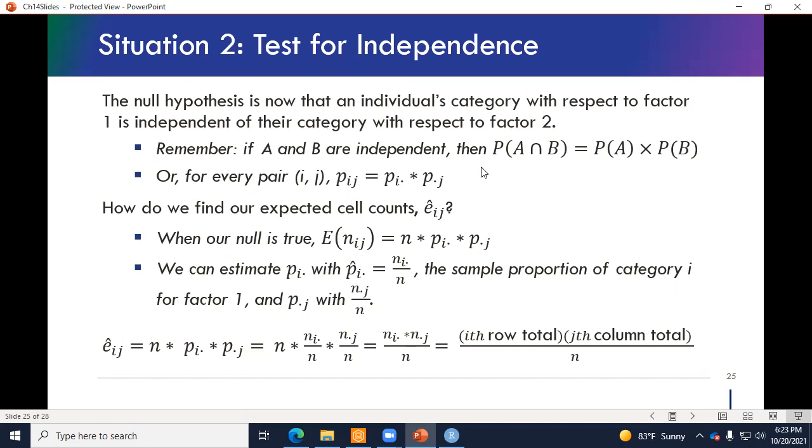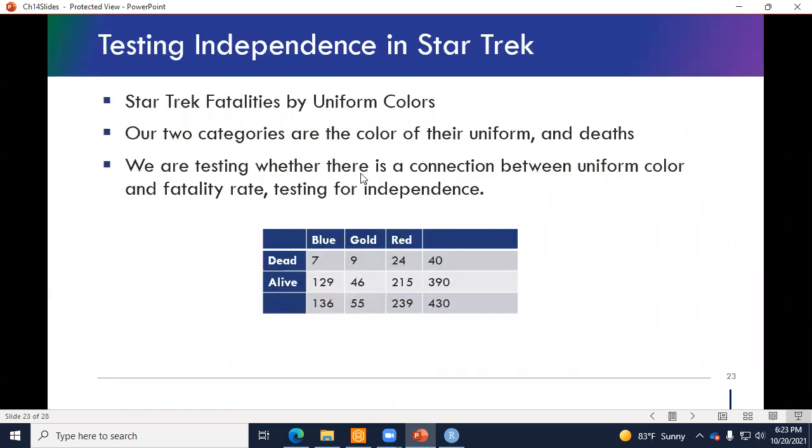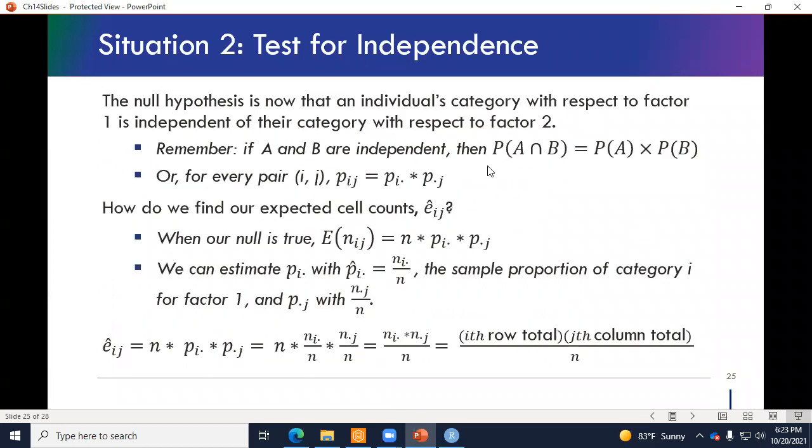The probability of the intersection of these two events being equal to the product of the probabilities of each individual event means that these two are independent.